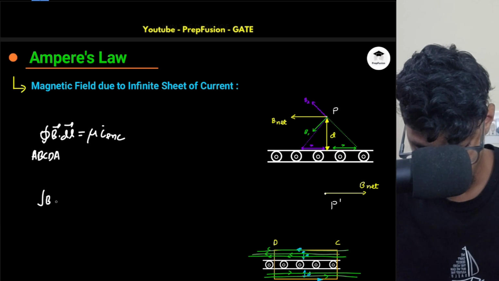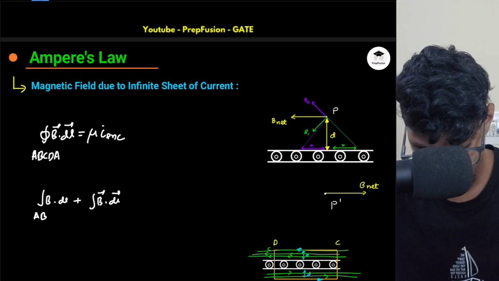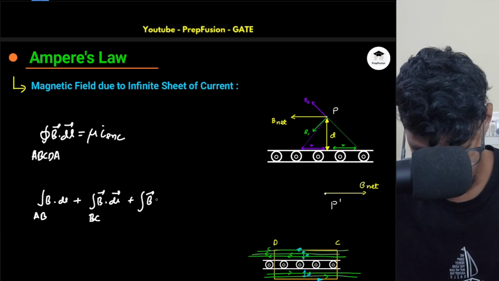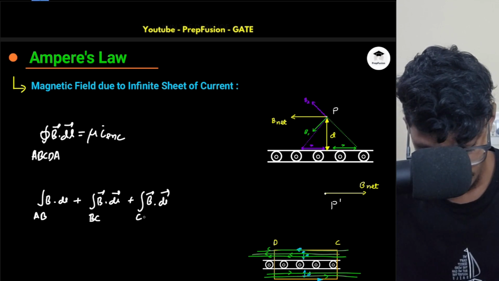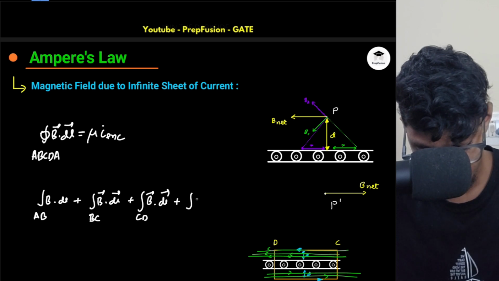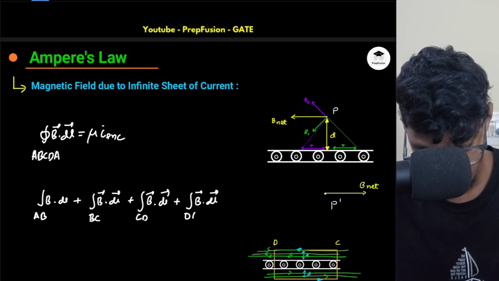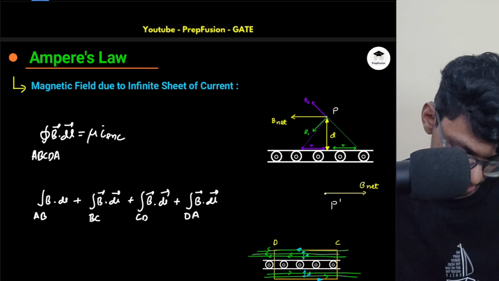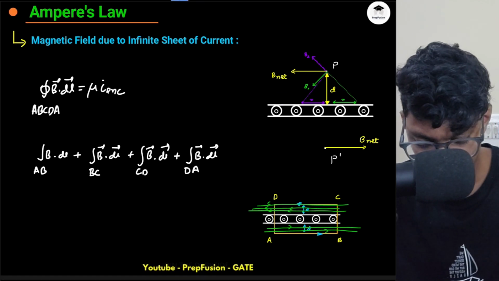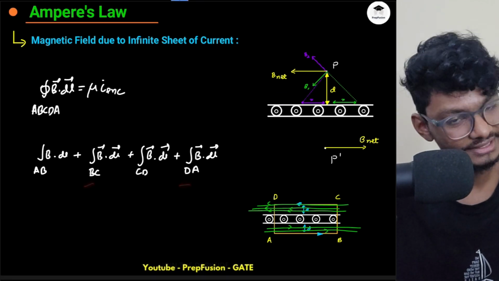So it will be equal to B dot dl along AB plus B dot dl along BC plus B dot dl along CD plus B dot dl along DA. Okay, so one thing I observed, that due to BC and DA, again the same thing is happening.